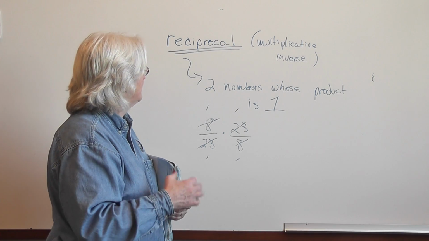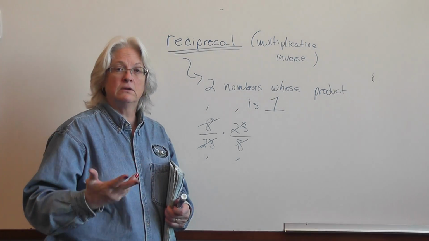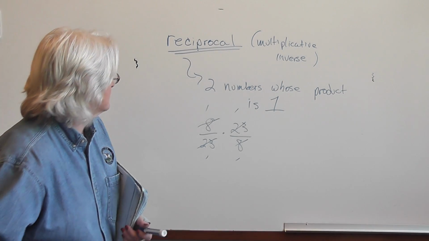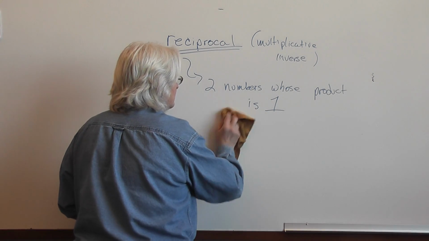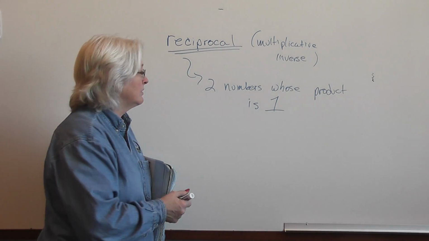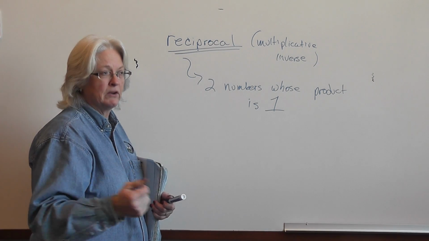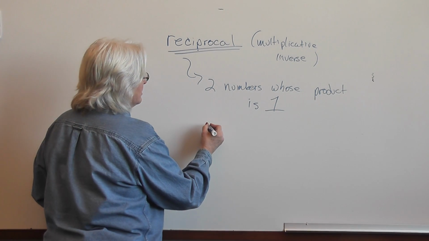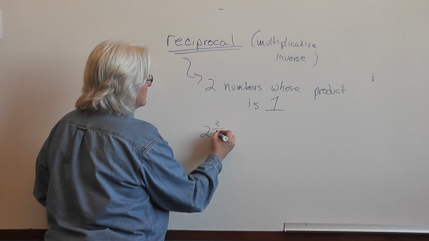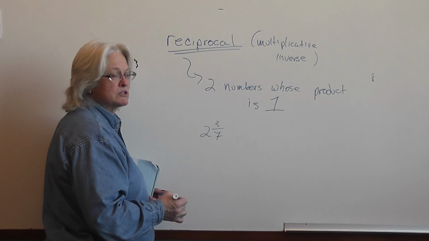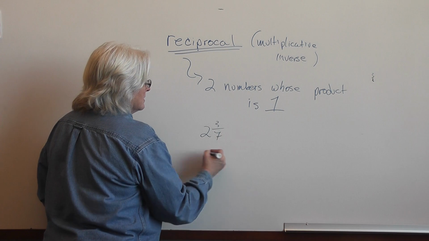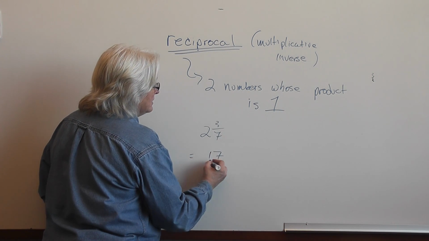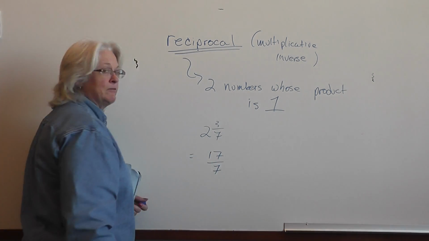If you need to know what a reciprocal is, you take the number and convert it to fraction form. If it's a whole number, you convert it into a fraction, like we had 7. If it's a mixed number, you're going to have to convert that into a fraction as well. So 2 3/7, 14 plus 3, is equal to 17 over 7.